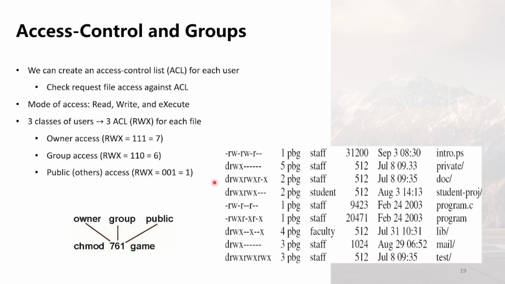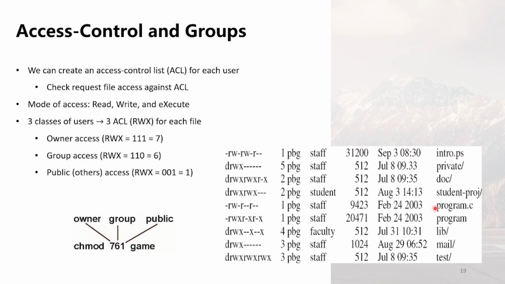For example, using the chmod command, we can change these permissions. Here, we see chmod 761 game, which sets different levels of access for the owner, group, and public.